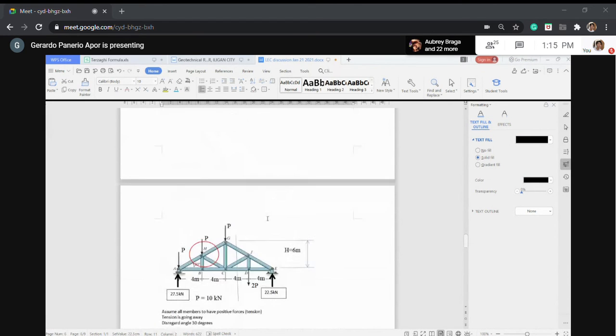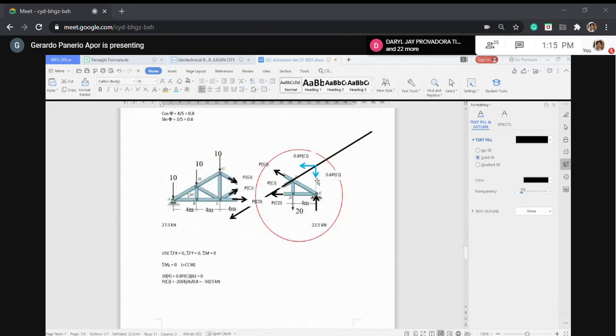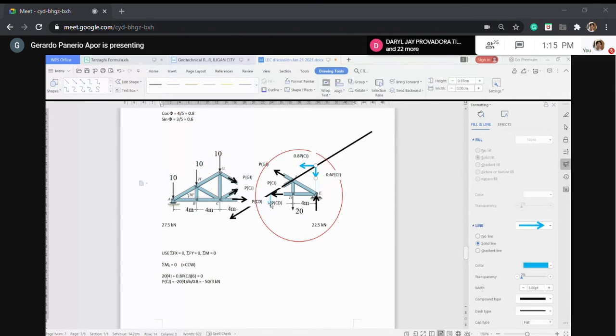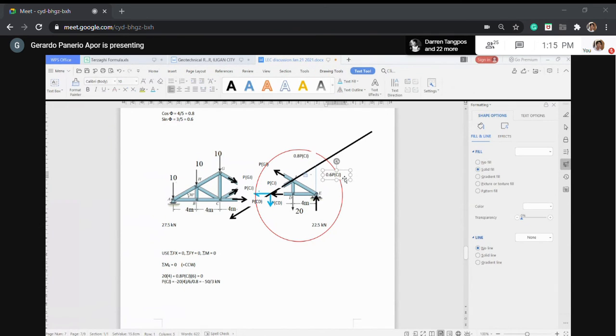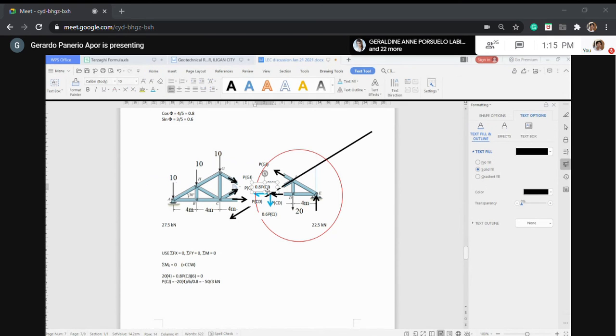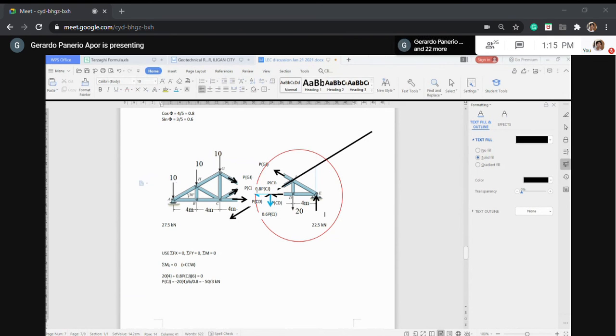Now, the question is, what happens if I am going to break them here? So this one will be here, and this one will be that force. What will happen? Well, this 0.8 of PCG passes through A, so that means it cannot make movement. Only the vertical component. So my equation will change as 20 times 4 times 0.6 times 0.6.